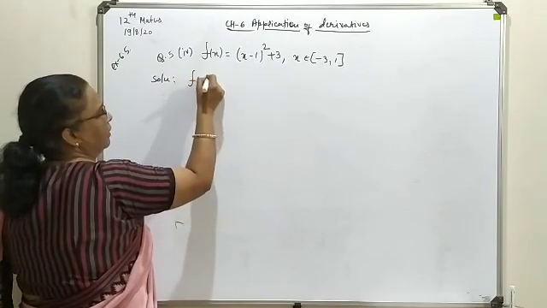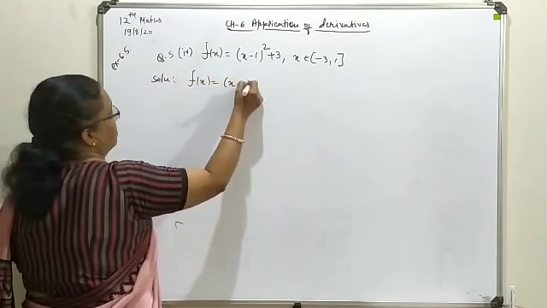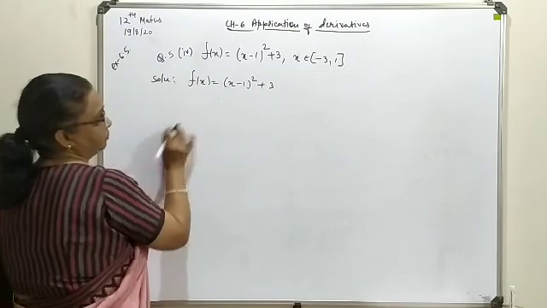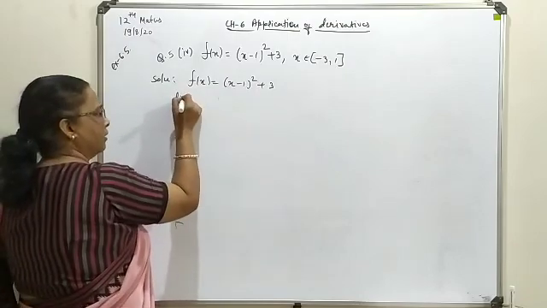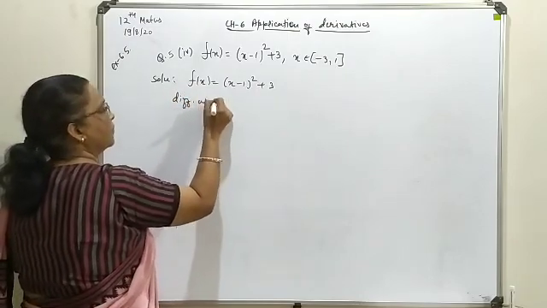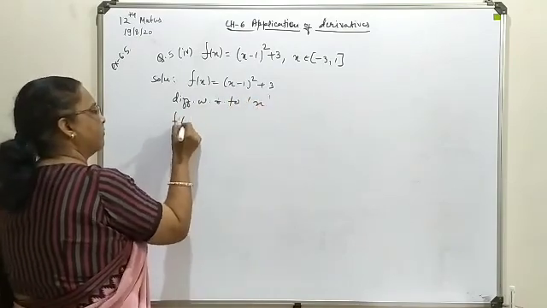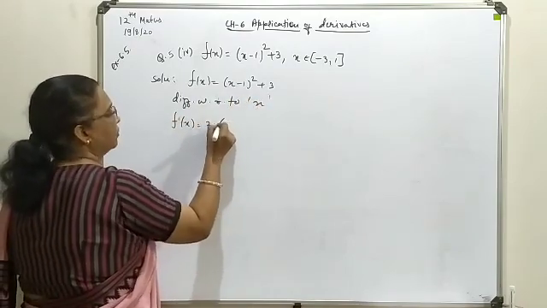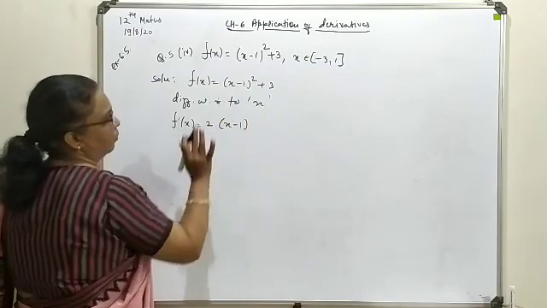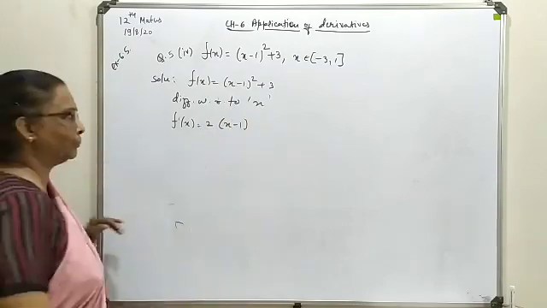Your f(x) is available as (x - 1)^2 + 3. Differentiate with respect to x. So your f'(x) will give you 2(x - 1). Now make it 0.